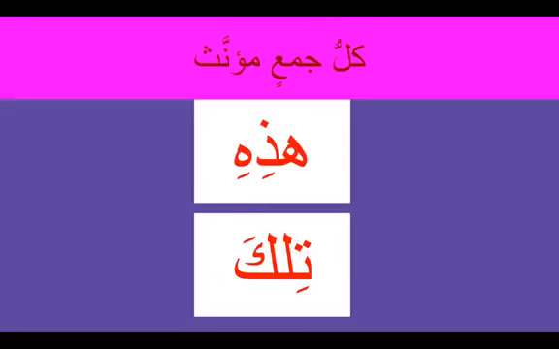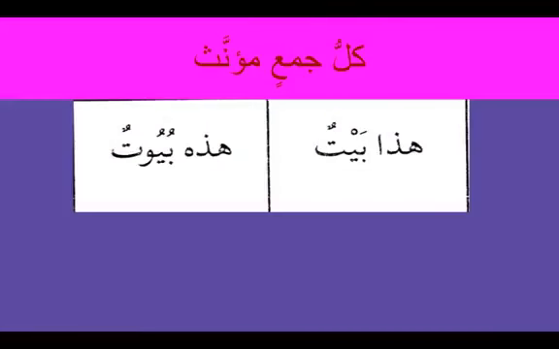So we don't have haula'i or ulaika, but we use hadihi and tilka. This is a unique concept in Arabic. So what is the concept? For example, if you say hada baytun, the plural of bayt is buyut. So we say hadihi buyutun.